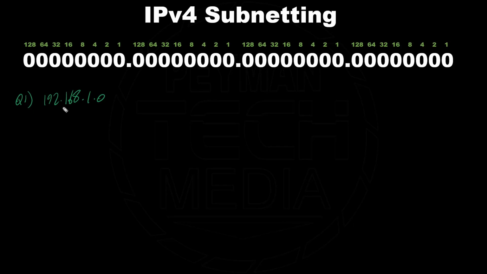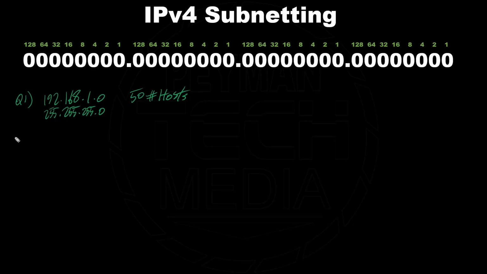Of course, this is class C, so it would be 255.255.255.0, and they might say we need 50 hosts. We don't need 254, because by default class C gives us 254 available IP addresses. So this is one type of question you might see.